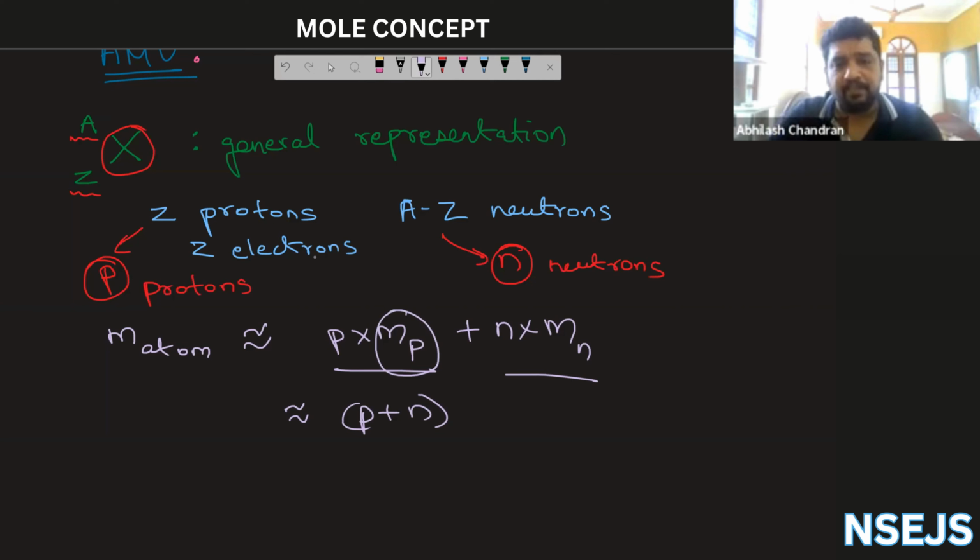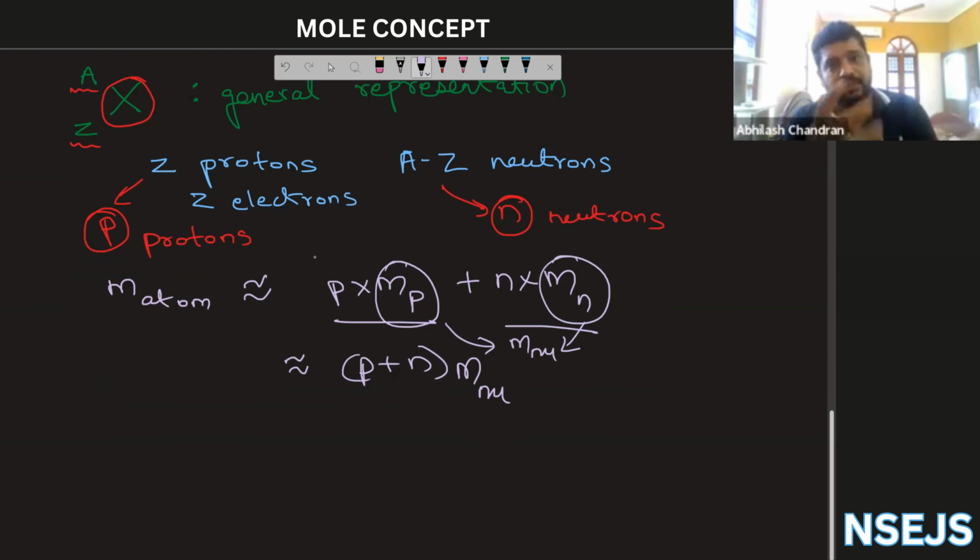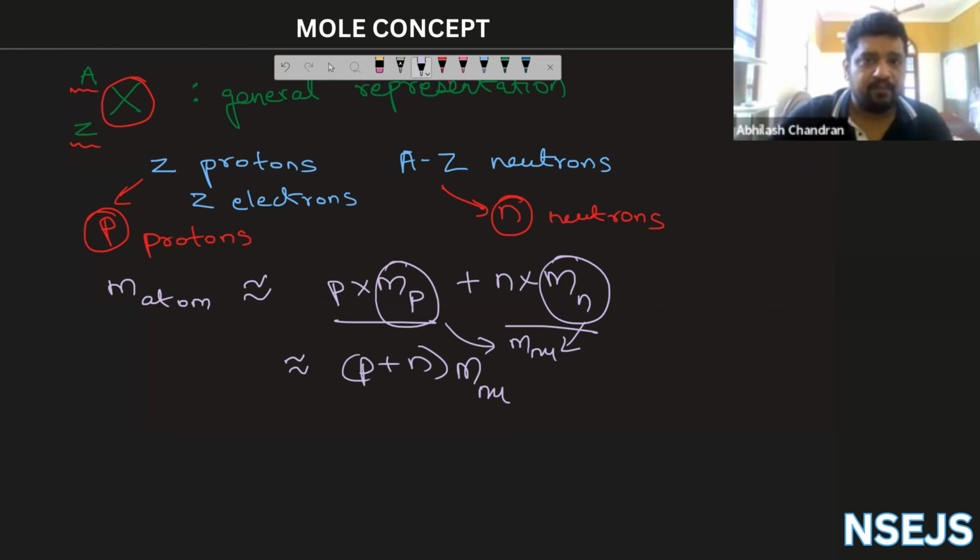Because the mass of a proton and the mass of a neutron are approximately equal, instead of these I can put the mass of a nucleon. So I can say that the mass of an atom is approximately P plus N times the mass of a nucleon. Like in helium, P plus N was 4, so 4 times the mass of a nucleon. Just like that, for a general atom, the mass number times the mass of a nucleon will give me the mass of my atom.